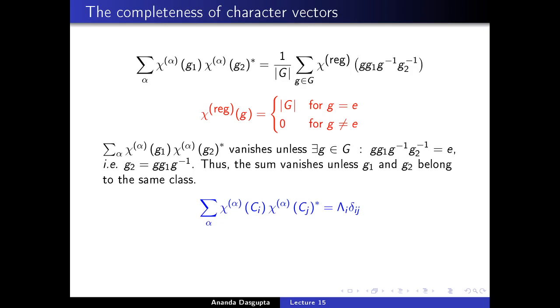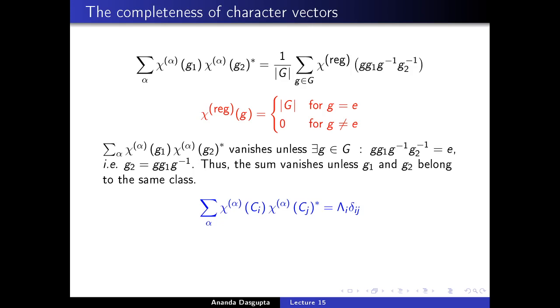And now, what we can always do is replace chi alpha g1 by chi alpha Ci, where Ci is simply the ith class to which g1 belongs. And if g2 belongs to the jth class, then the expression on the left can be written down as a sum over all irreps of chi alpha for the ith class Ci times the character chi alpha for the jth class Cj conjugated.